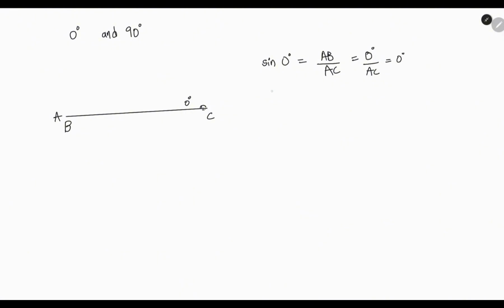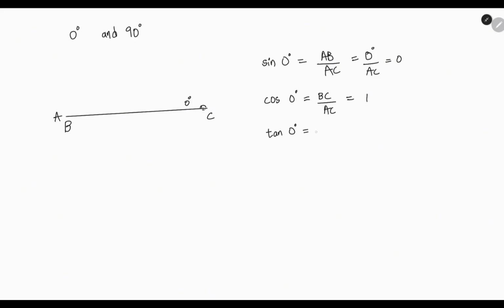So 0 by something is still 0. And cos 0 is adjacent side, which is BC by AC. Here both are equal in this case. So BC by AC is 1. So sine 0 is 0 and cos 0 is 1.